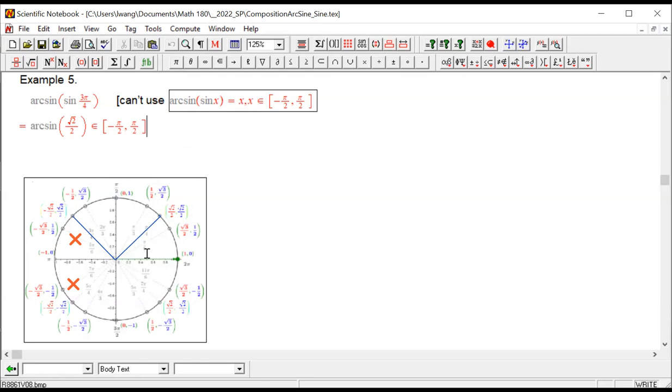In particular, because this is a positive ratio, you can safely say this is between 0 and pi over 2. Does that make sense? Remember, you look at these blue numbers: for positive ratio, the angle will be measured counterclockwise between 0 and pi over 2. For negative ratios, it's going to be between 0 and negative pi over 2 and measured clockwise.